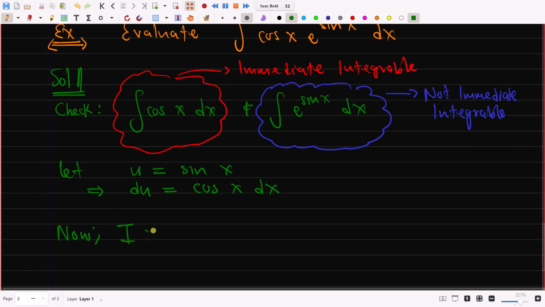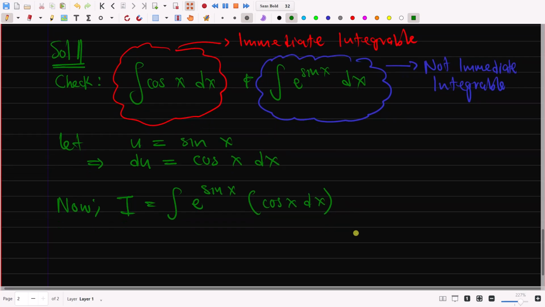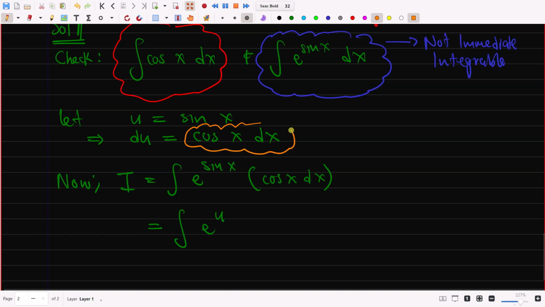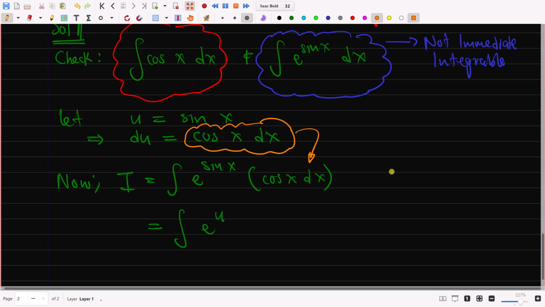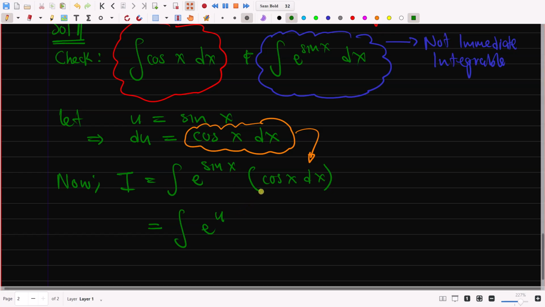Now, what is our integral I? It can be written as the integral of e^(2 sin x) times cos x dx. When we write our integral like that, we can see that sin x can now be replaced with u. We get e to u, then cos x dx. If you look closely, you will see that cos x dx is here, so it's going to replace that there.